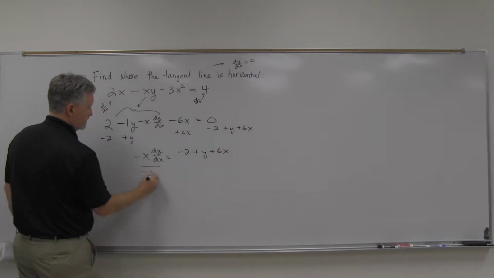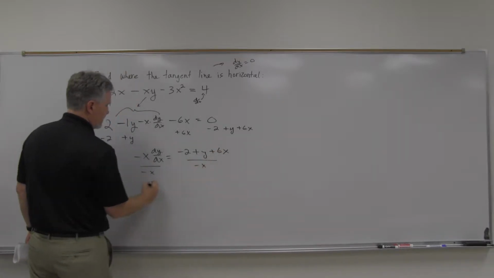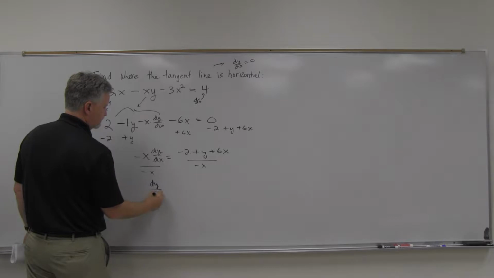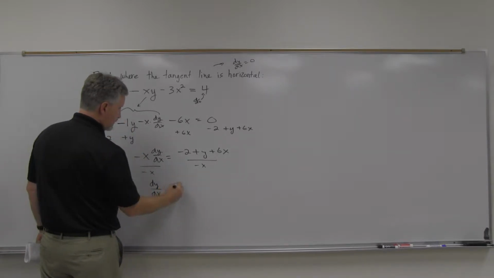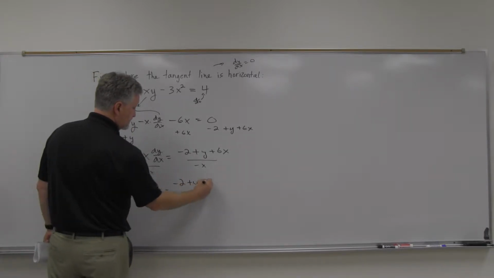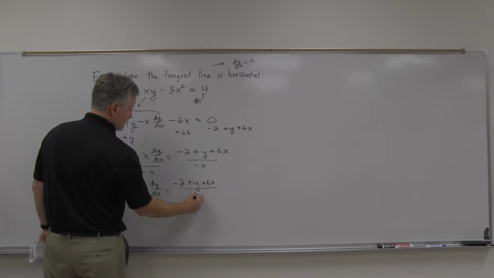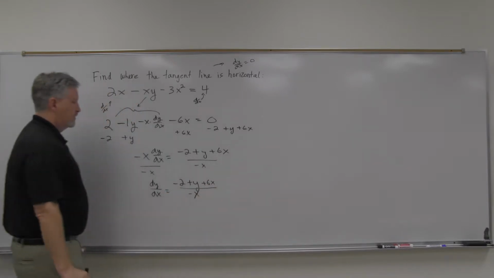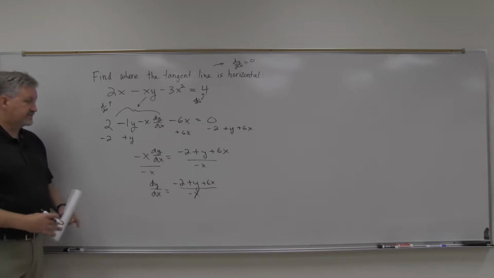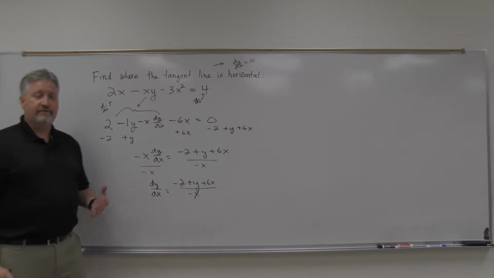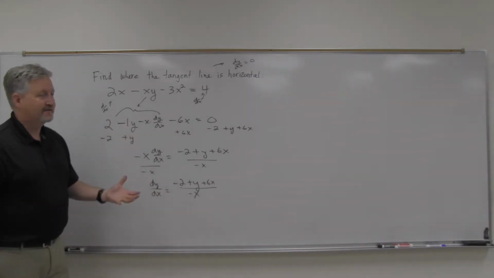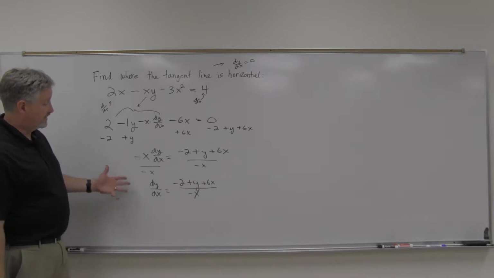And so last but not least, divide off the minus x, and we've got dy over dx equals negative 2 plus y plus 6x over negative x. Okay, so that's like previous problems. That's what we were doing. We're finding dy over dx.